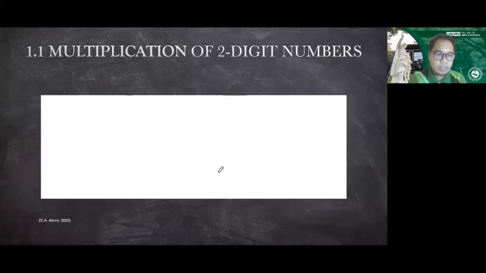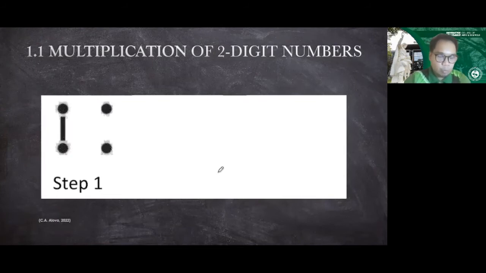Since the sutra is named vertical and crosswise, first vertically we multiply. Anyway, we're going to multiply from left to right. That's the common way of multiplying in Vedic mathematics, since we read numbers from left to right.